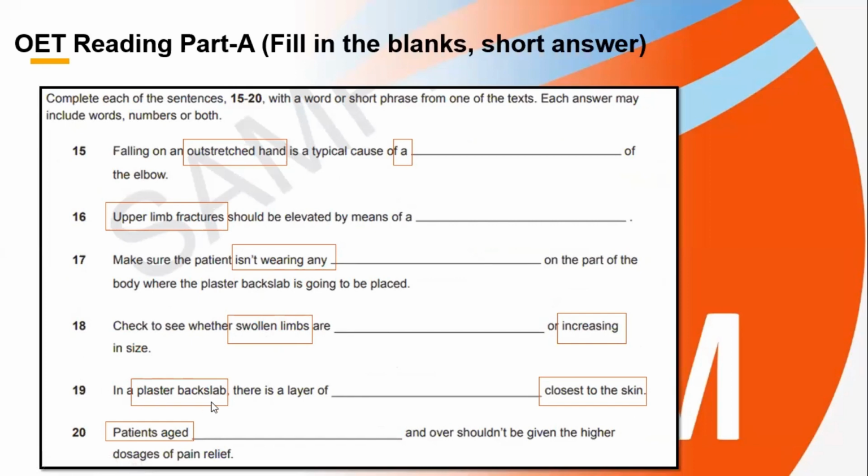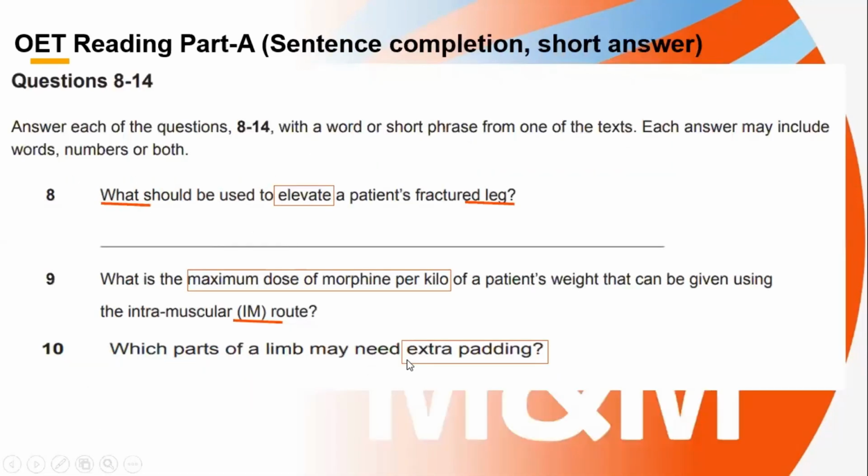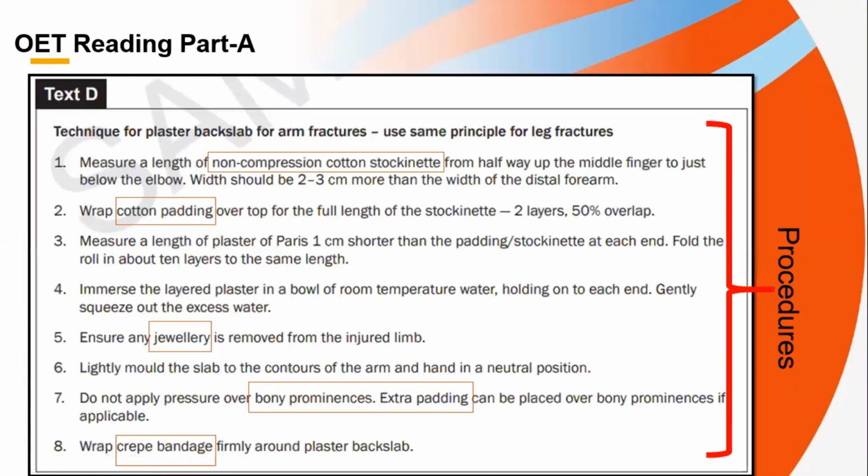In a plaster back slab, there is a layer of dash closer to the skin. So plaster back slab means it should be in text Delta. I can display the Delta text.